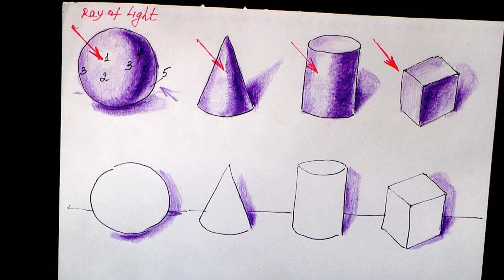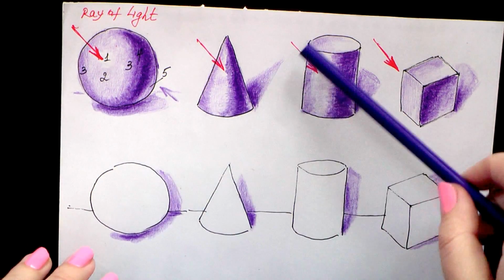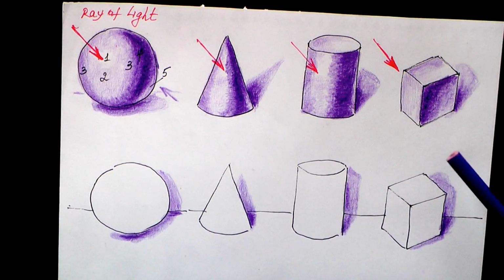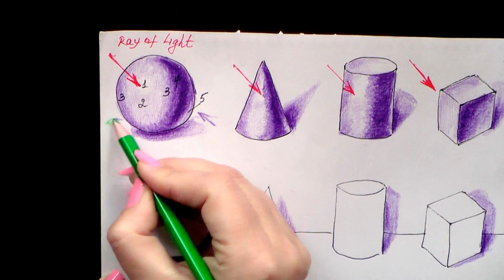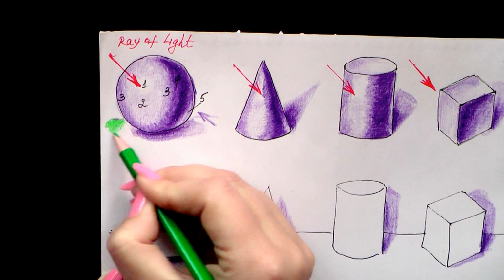Our next question is which colors do I need to use to draw these shadows? For example, I have a green surface.